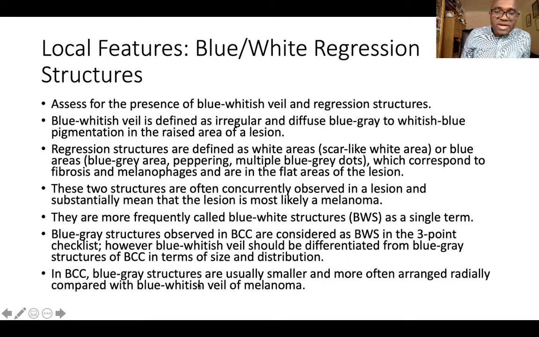Okay, the blue-gray structures are usually smaller and more radially arranged compared to blue-white veil in melanomas. That's just a small point to distinguish whether you're looking at a BCC or just a blue-white veil or blue-gray structure found in BCC.